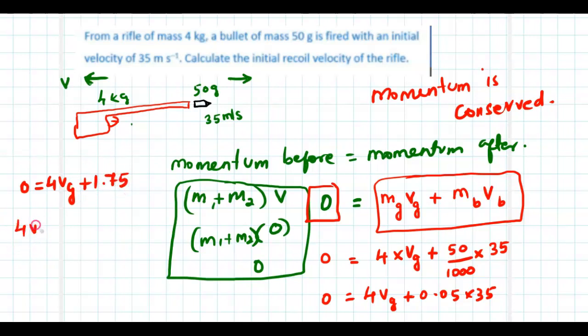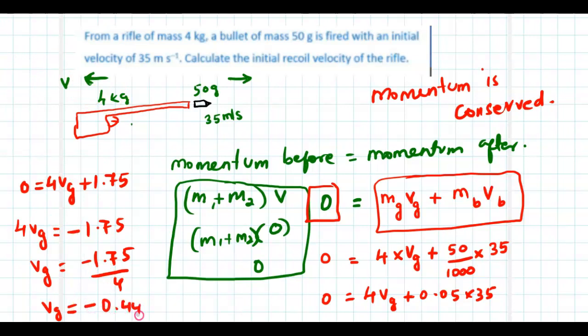So 4 Vg is equal to negative 1.75. So Vg, the velocity of the gun, is negative 1.75 divided by 4, so Vg is equal to negative 0.44 meter per second.